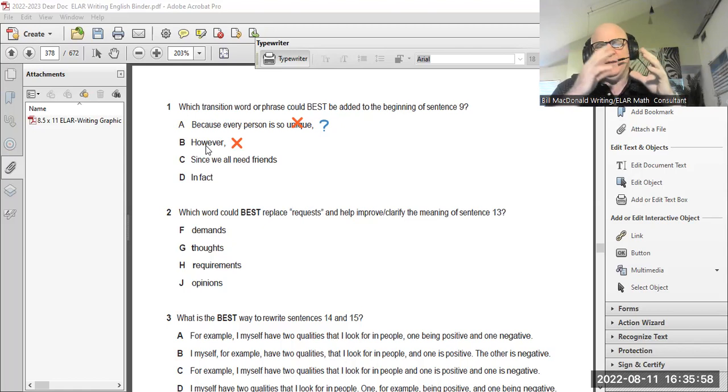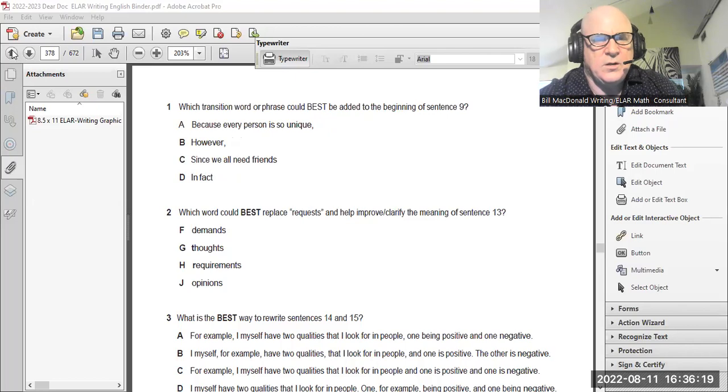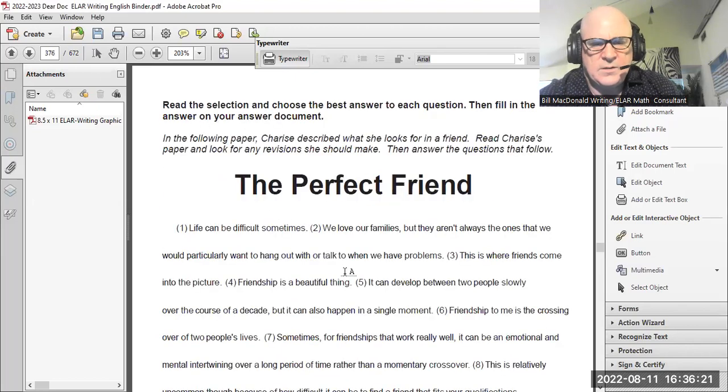It sounds like they're reinforcing. So it seems to me like the best one would be here. So I'm going to plug that in to the actual sentence and see how it works, since we all need friends. Let's take a look and see how it works on the sentence itself.